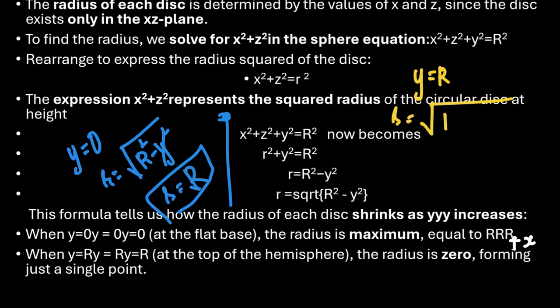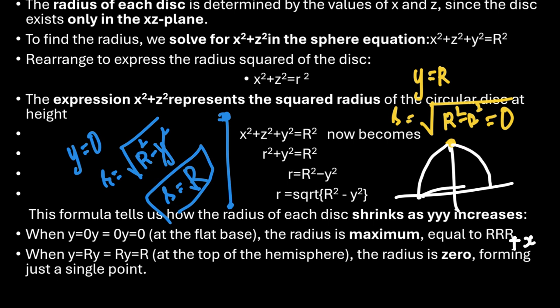It becomes root of R square minus R square, which is equal to 0. Now, r is equal to 0, which means the radius of the disk is equal to 0. When the radius of the disk is equal to 0, it means the topmost point over here. Why? Because there we have only a very small figure.